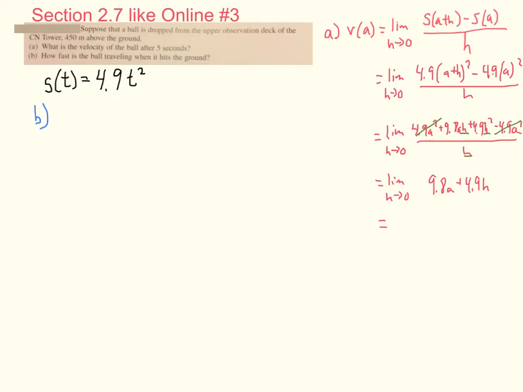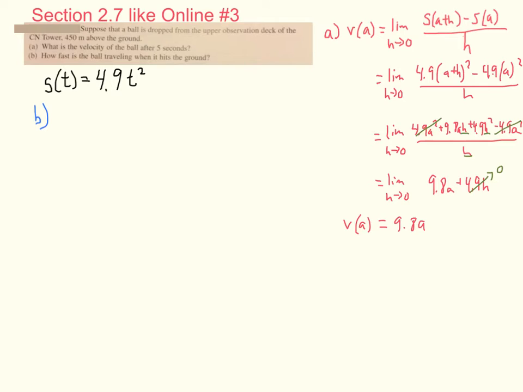And again here we note that the limit of the sum is the sum of the limits, and since this is multiplying by an h, this is going to go to 0, and so when we're done we're going to have that the velocity at any time a for this problem is going to be given by 9.8a.